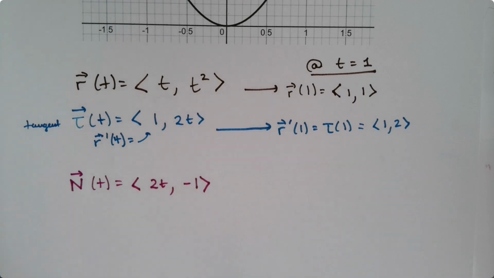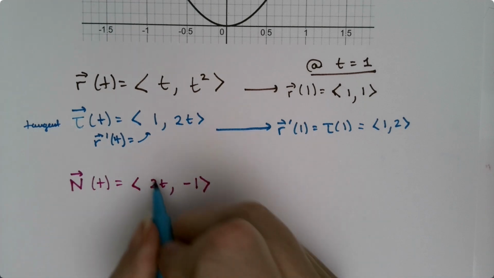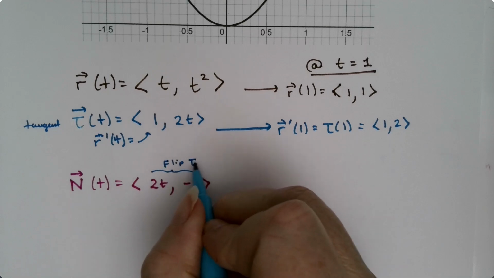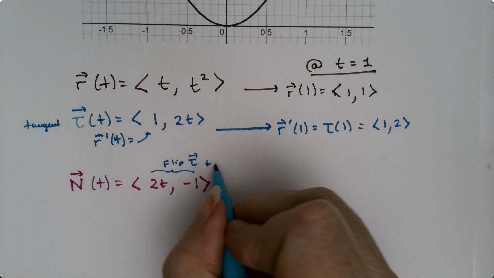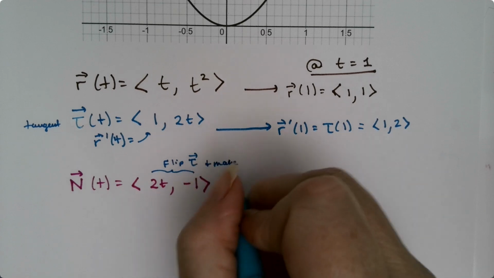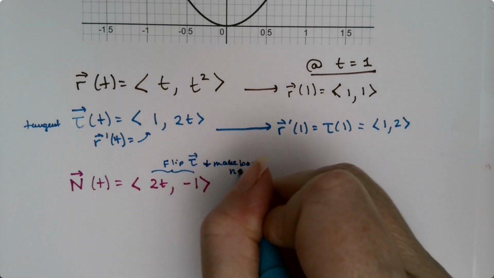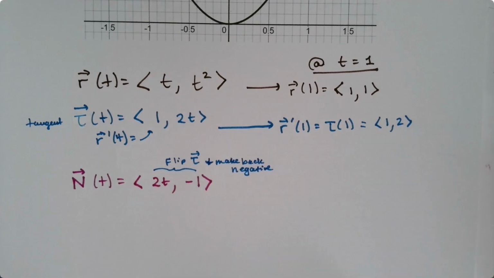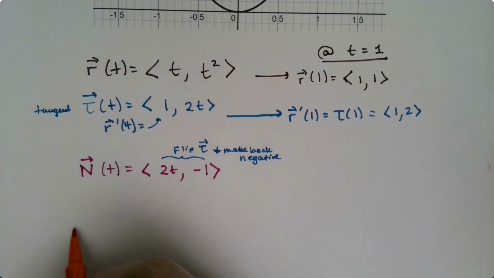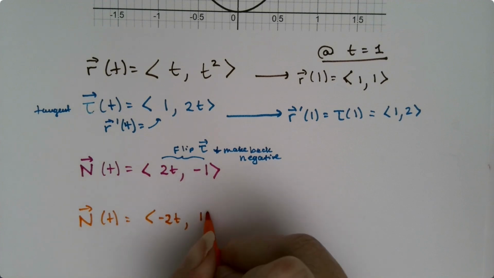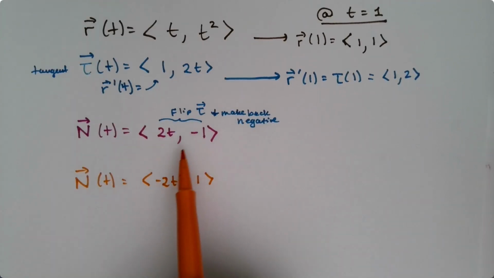You flip the tangent vector and make 1 negative. In this case, we made the back negative. But there's another way as well. So the normal could also be flip them, but make the front the -1. That would also work.